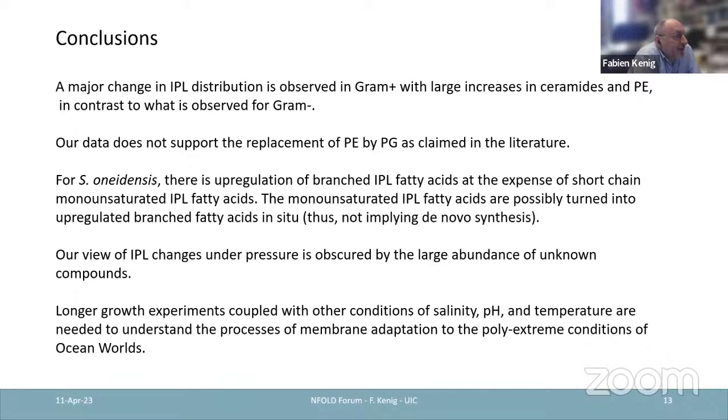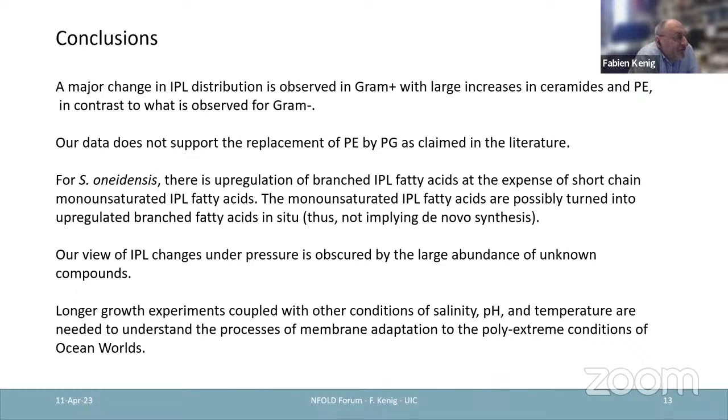And in contrast, for Shewanella, the gram-negative organism, all the changes in the membrane properties were associated with in situ, at least partly in situ, transformation of the existing membrane lipids.